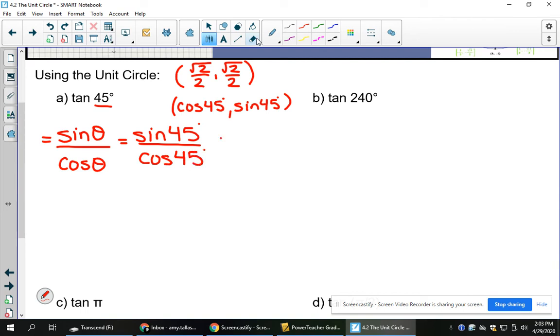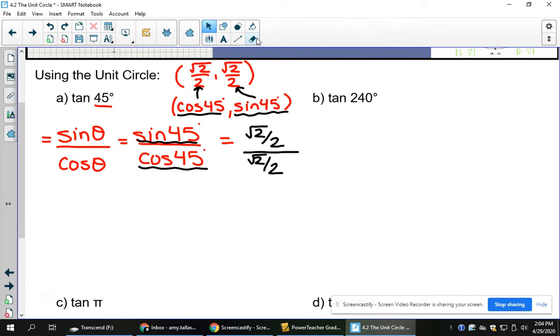And I'm also going to sub in what sine theta is equal to, or sine 45 is equal to. Sine 45 is equal to the second coordinate on the unit circle at 45, which is root 2 over 2. Cosine 45 equal to the first. They just so happen to be the same because of the special 45 triangle.